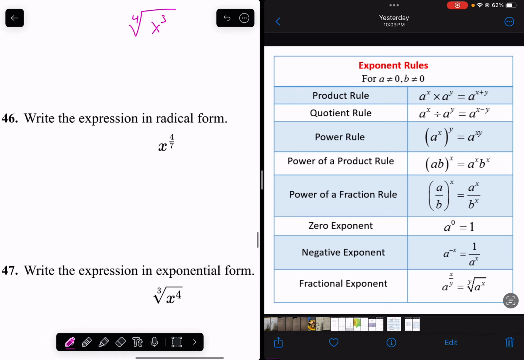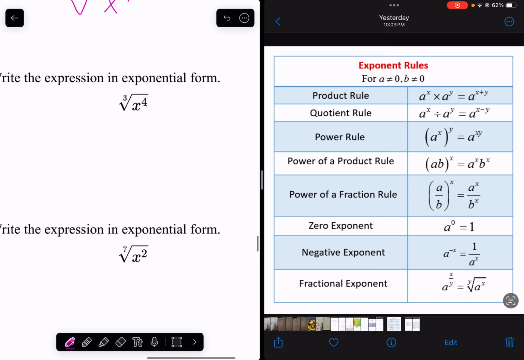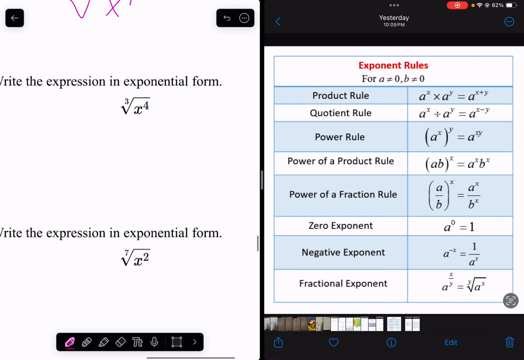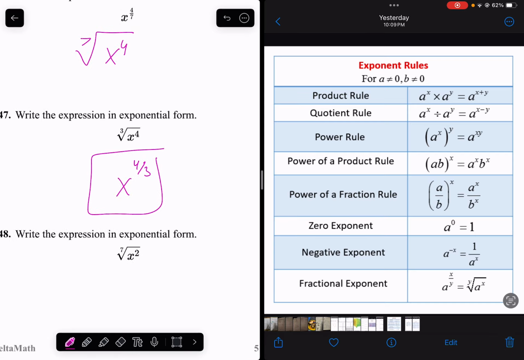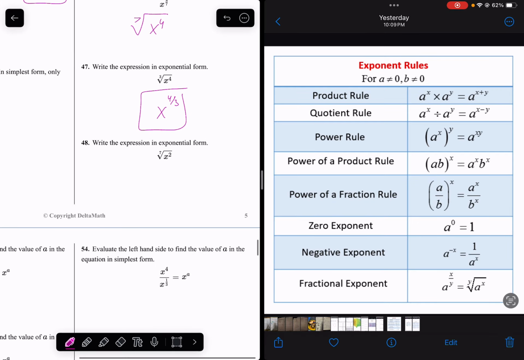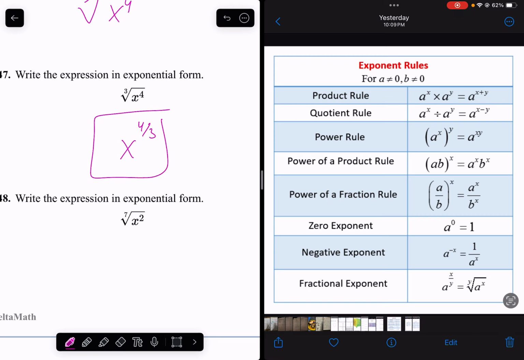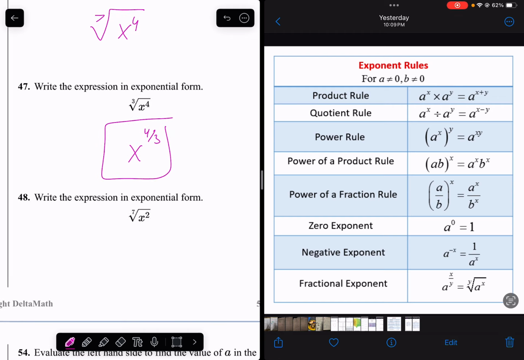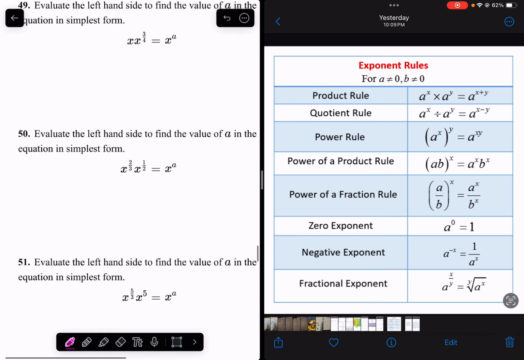So then this next guy here, this would be 7th root of x to the 4th. And then you should be able to go backwards as well, right? So if we're writing this in exponential form, it would be x to the power of 4/3. All right. Hopefully that's pretty self-explanatory, but this definitely is something you want to know because this concept comes up quite often. All right. When you get into Math 3 and then beyond, it's definitely a concept you want to know how to utilize.